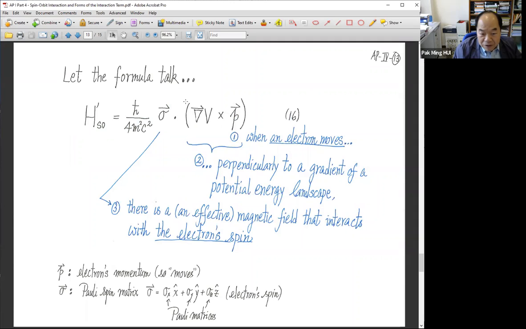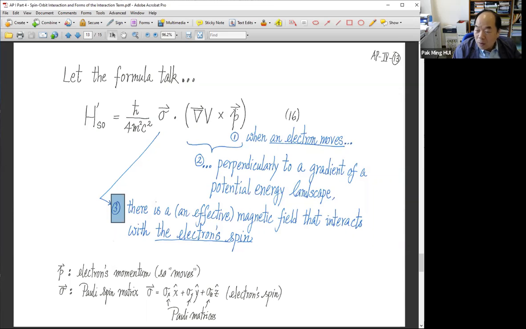This formula emphasizes the magnetic dipole moment is being tugged by a B field. The B field is grad V cross P, okay? So again, I write 1, 2, 3, and you should read it as 1, 2, 3 in particular order, okay?